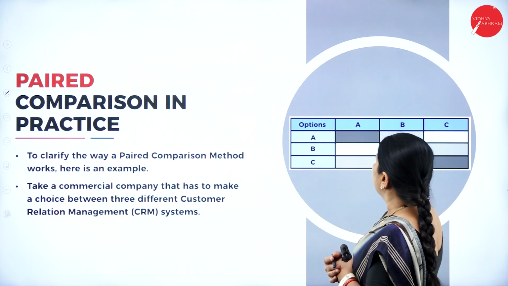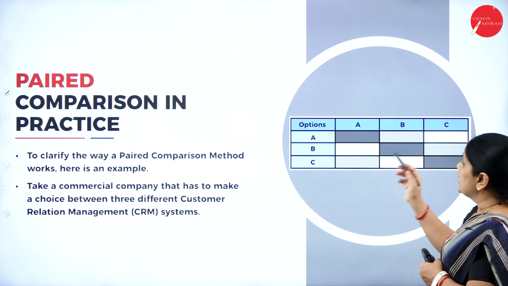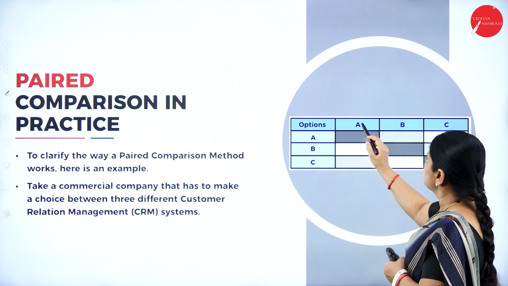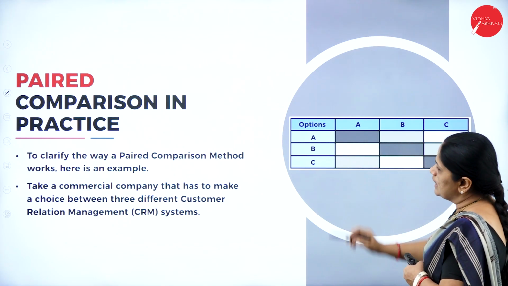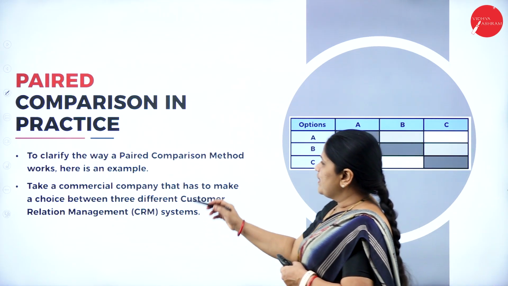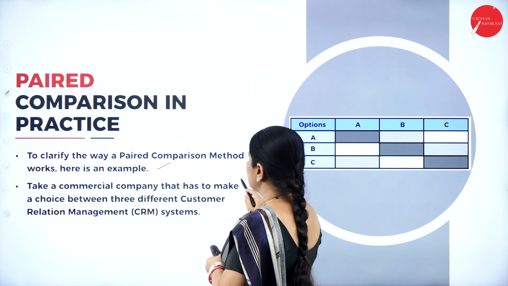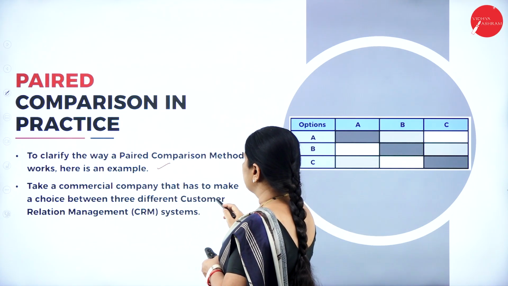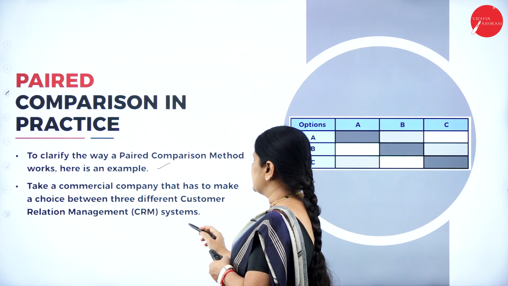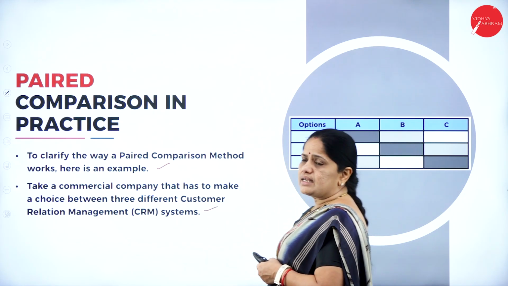Now, for the paired comparison, you can see we have a table here with options A, B, C and also options A, B, C. To clarify a paired comparison, here is an example. Take a commercial company that has to make a choice between different customer relationship management systems, CRM systems.